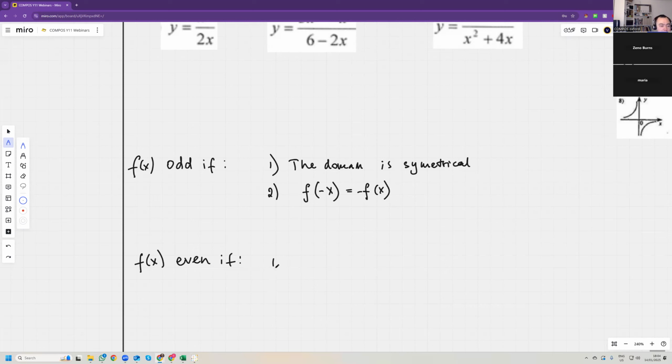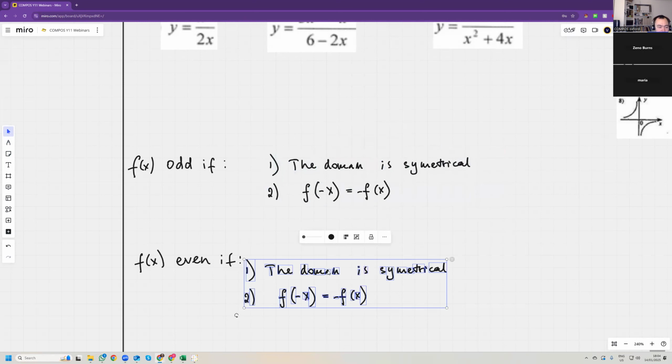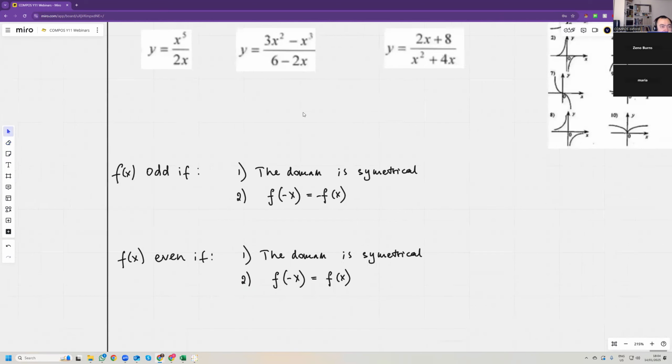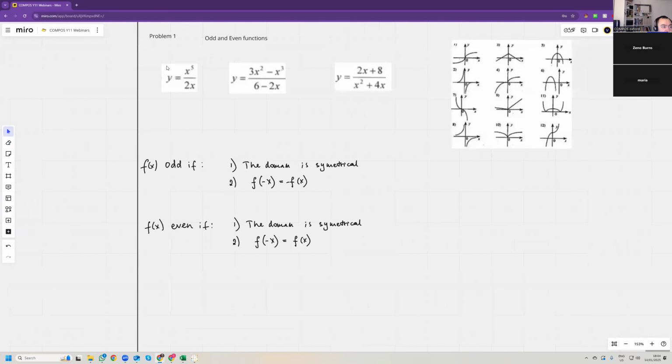You know what, I'll copy that and just make an adjustment. So copy: the domain is symmetrical, and f of minus x equals f of x, like this, without the minus. Okay, so let's test the three functions above, whether they are odd, even, or neither.